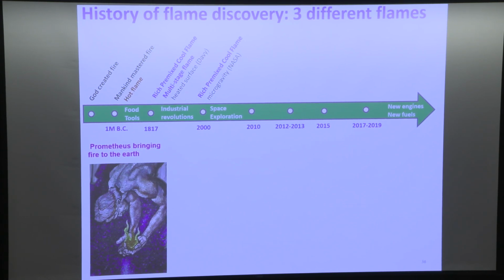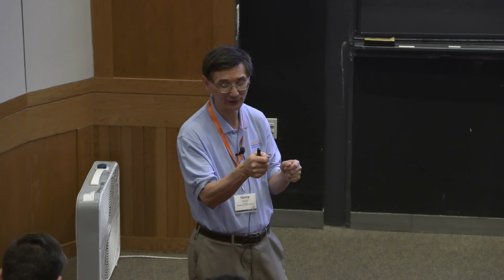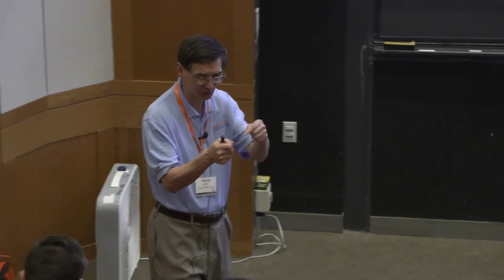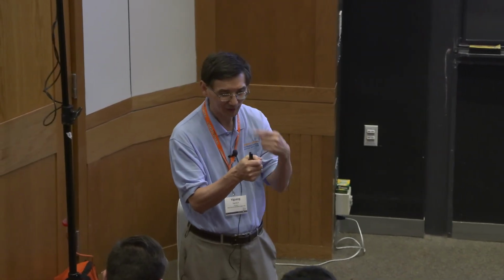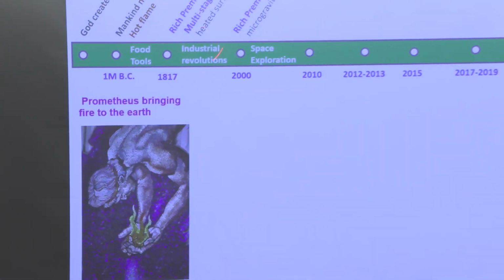At that time, they put a metal into a very rich mixture, for example dimethyl ether, and they started to see a bluish, fluctuating flame in front of the metal. That was the first discovery of cool flames.